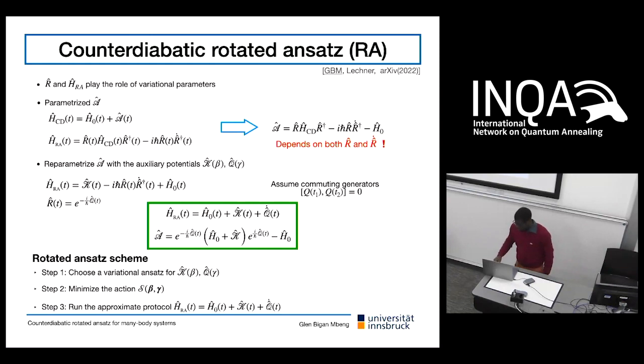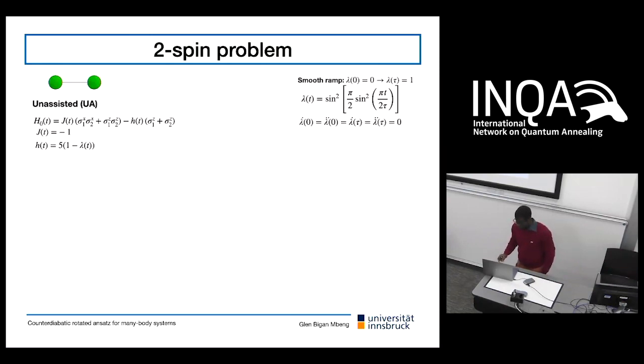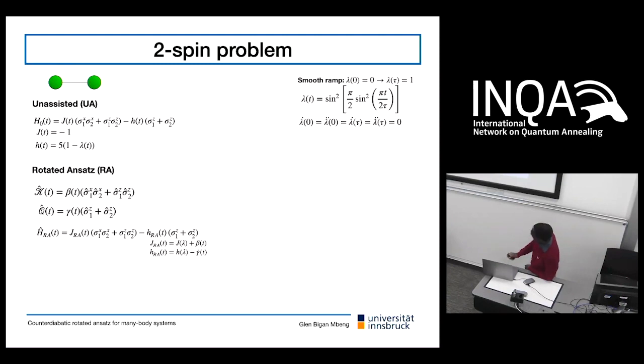So this should provide an alternative shortcut to adiabaticity. We tested this in the case of 2 spins. This is a simple problem, which can actually be reduced to a 2-level problem, so the exact solution is known. Here are the details on the schedules we consider, but what I'll say would hold in general for any schedule. For the rotated ansatz, we choose potentials which are compatible with the initial choice.